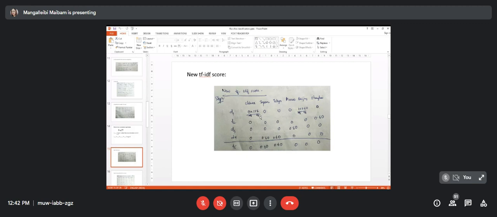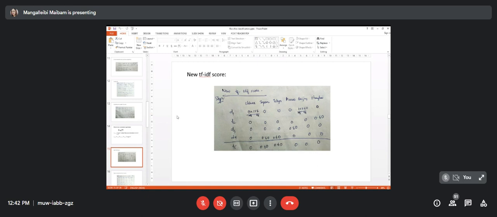So you can see in the table, IDF for Chinese is 0. Term score for Chinese is 1.77. Then for Japan also the same thing. TF and IDF you have to multiply. The other terms are 0. You can check for Beijing.